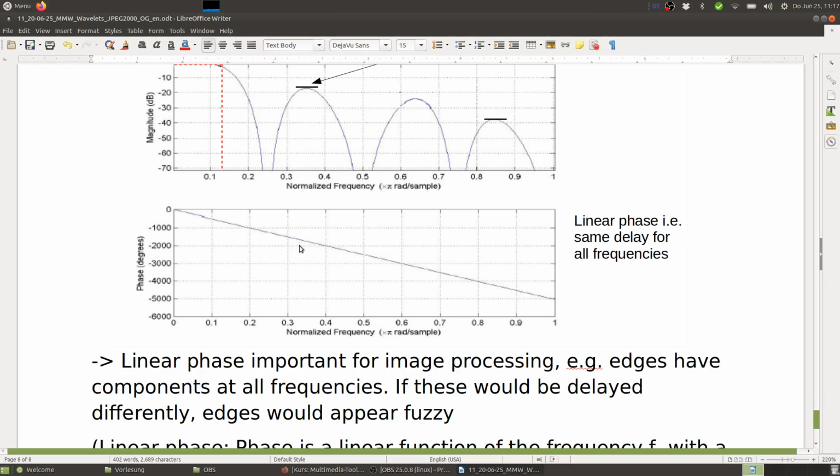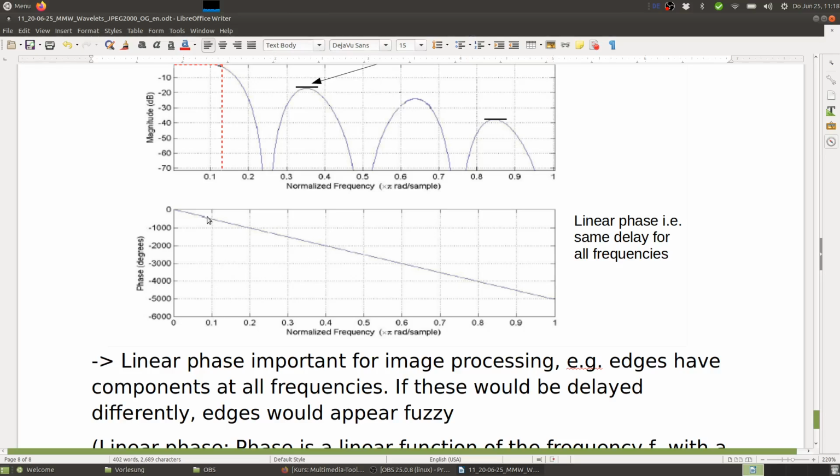We still have a linear phase, which is important because that means we get the same delay for all the frequencies. And for that we have to know that the delay from filtering comes from the slope of the phase. So the slope of this phase function gives us the delay through the filter at different frequencies.